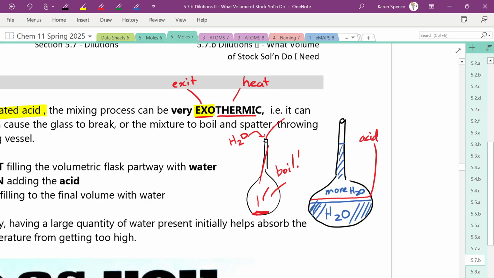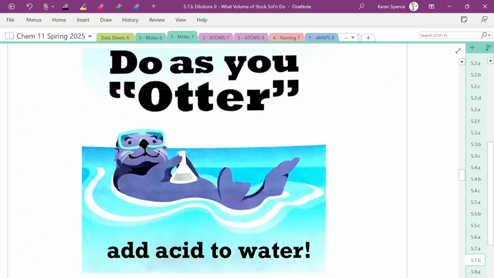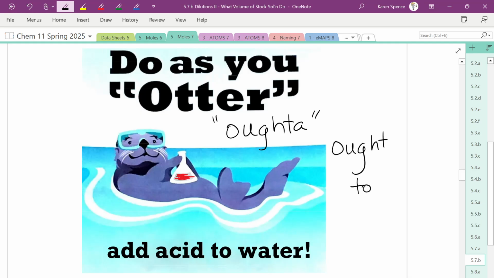Now, in order to help you remember this, there is a little otter here to help you out. He's super cute. Look at him floating in the water. He has a little flask with some acid in it, and he's got safety goggles on. And if you use a New York accent, oughta, which means ought to, as in you should.